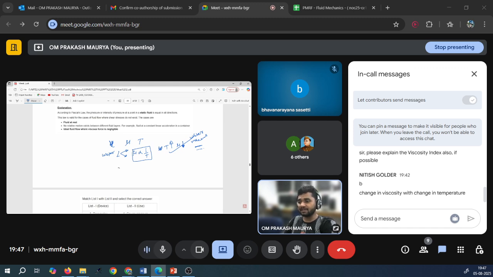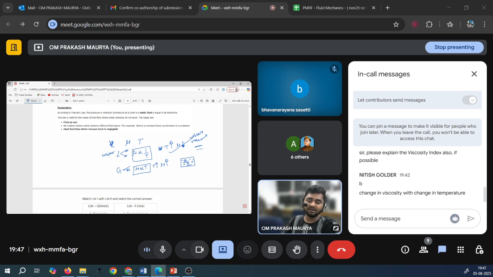And in case of gas, what will happen? Just a directly proportional relation between temperature and this. As your temperature increases, the viscosity will increase. Why? In the gas you already have a lot of space, but as your temperature is increased, the random motion of the particles is increased, means the friction is increased.